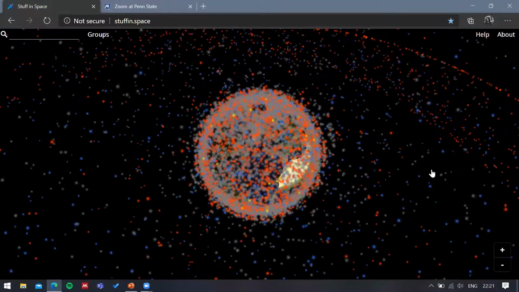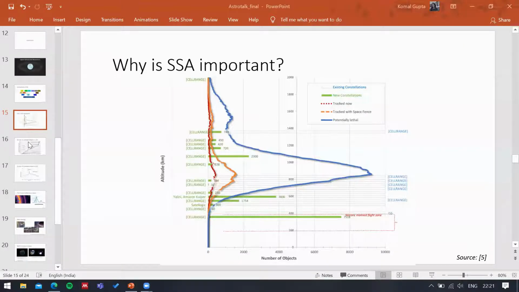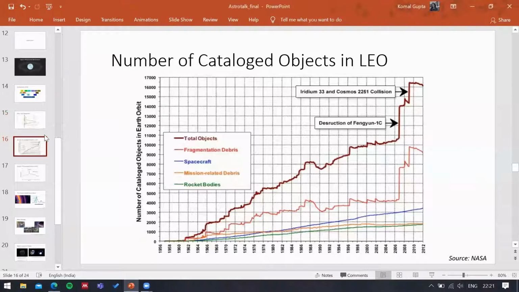Now, it is generally accepted that any collision with an object that is greater than 1 centimeter across will be potentially lethal to the satellite's mission. We'll come back to that later.